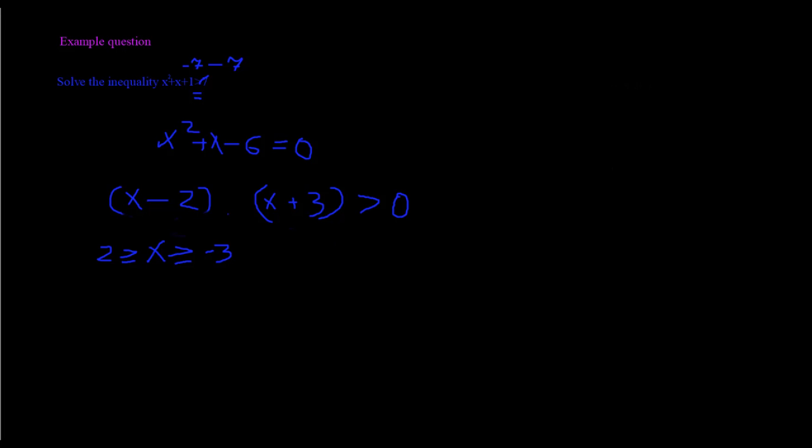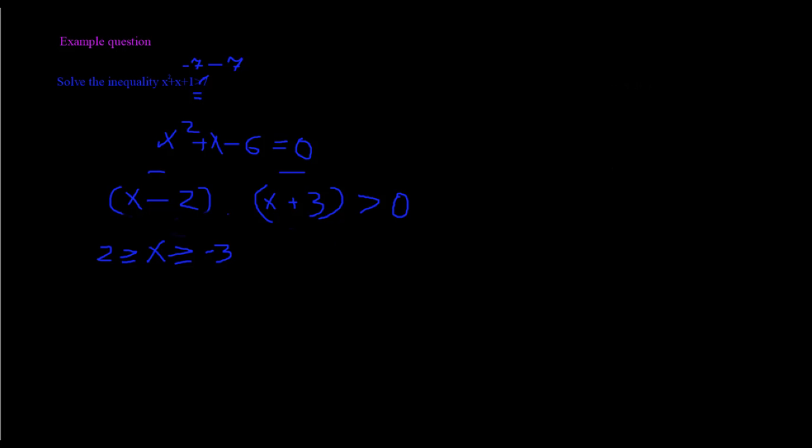So both sides have to be negative for the result to be above 0. And if it's above -3, the right side won't be negative, which means the whole thing won't be bigger than 0.